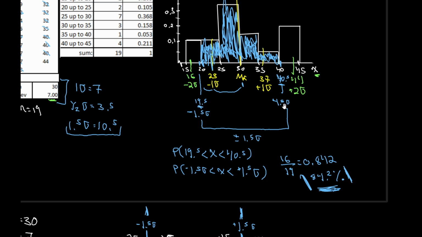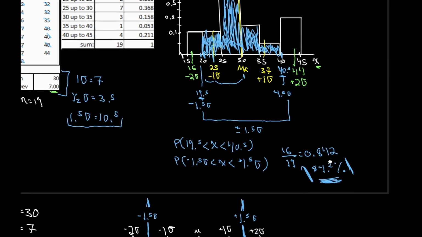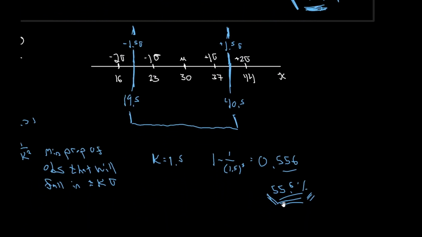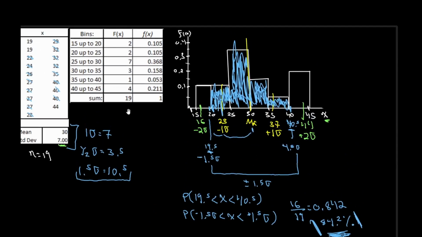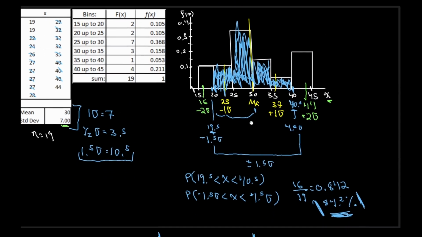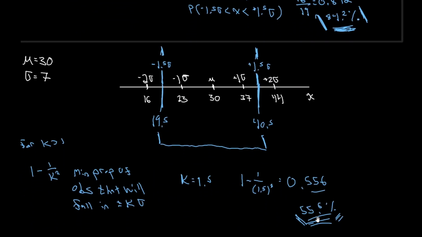Between this 19.5 and this 40.5. How come we've gone from 84.2% down to 55.6% within this same range? Well, that is the difference between being able to deal with the actual data and get an actual guaranteed result and dealing with Chebyshev's theorem.